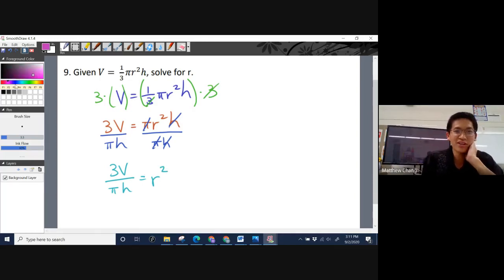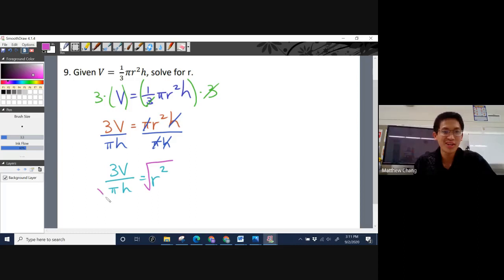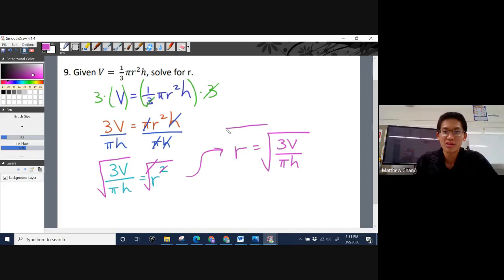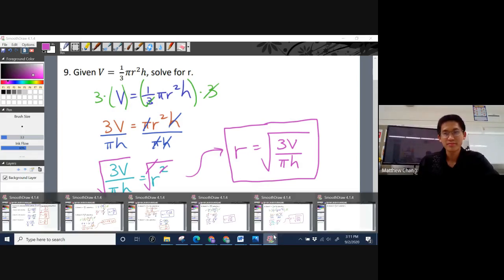In order to get r by itself, we're going to take a square root. The square root cancels out with the square, which means we're left with r equals the square root of 3 times V divided by pi times h.